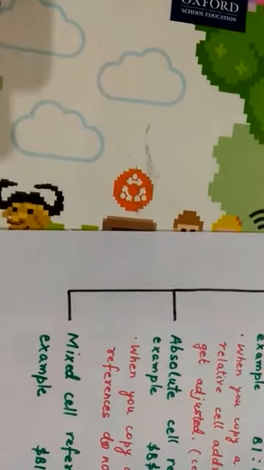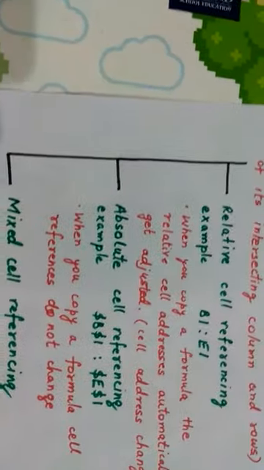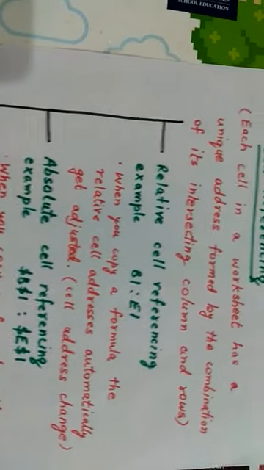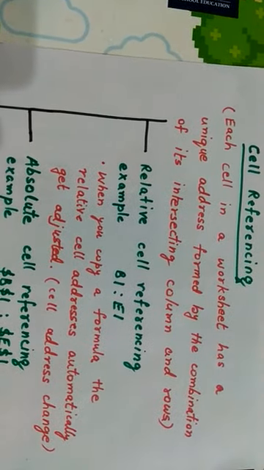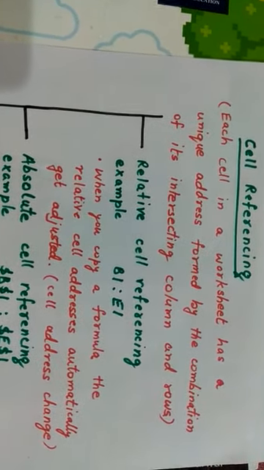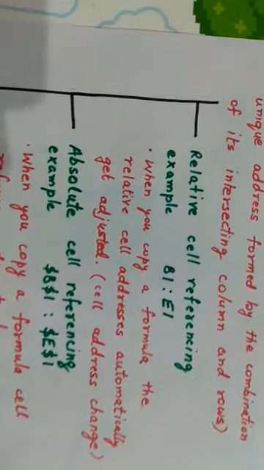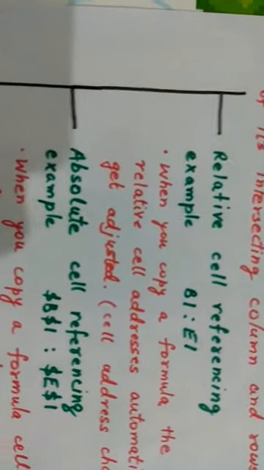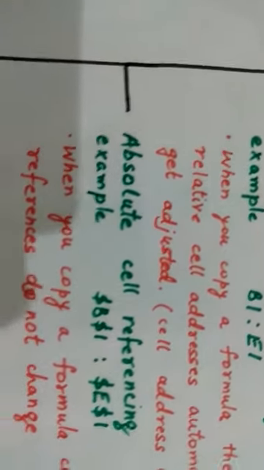So what are those three types? Three types of cell referencing are relative cell referencing, absolute cell referencing and mixed cell referencing. What is the difference between these three types?